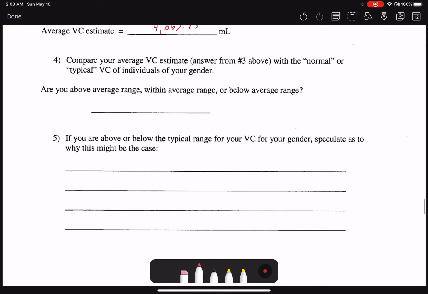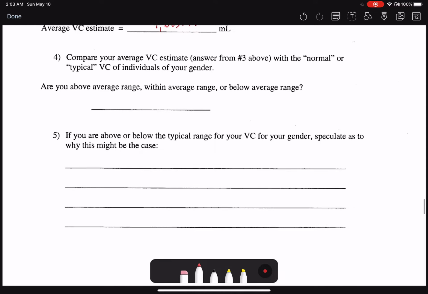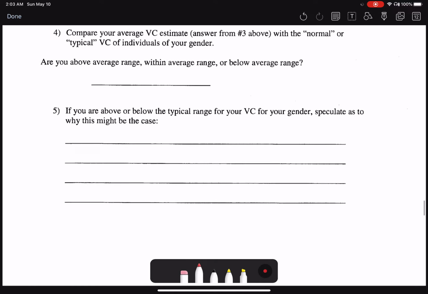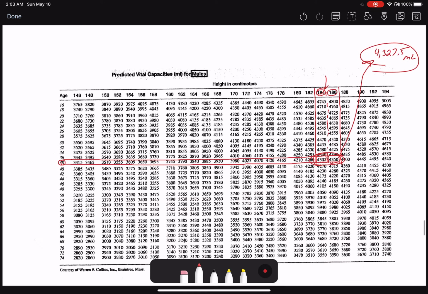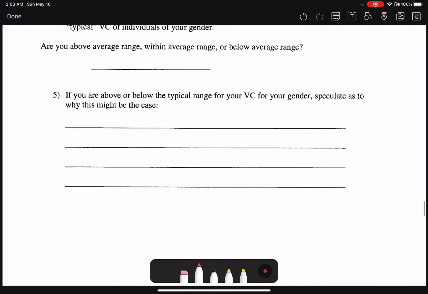All right. So when we talk about differences between these numbers and the normal numbers, the simplest answer is that these are very, very crude estimates.